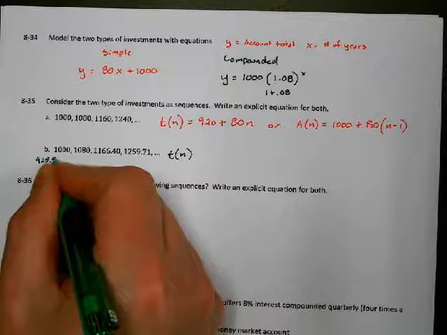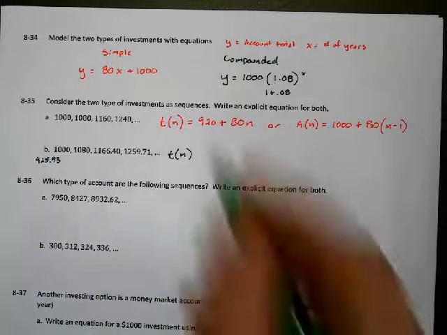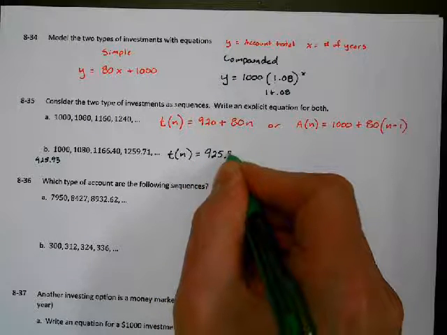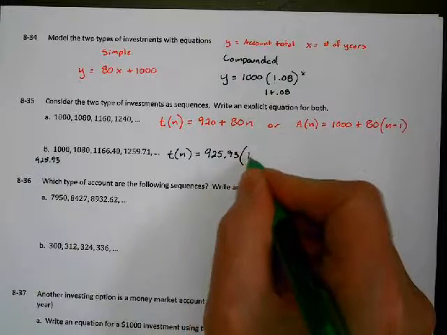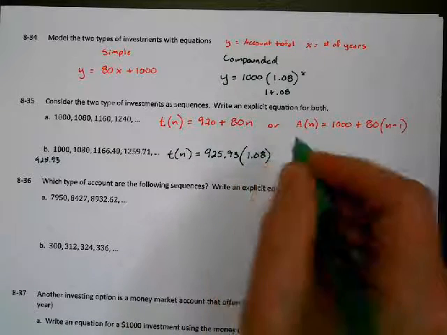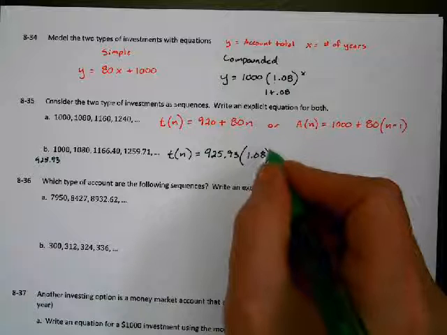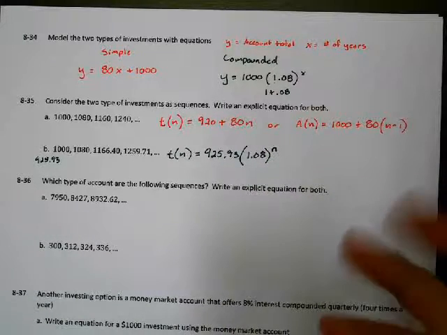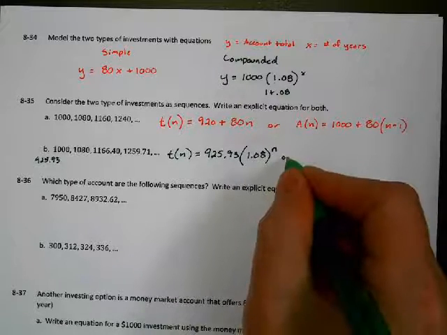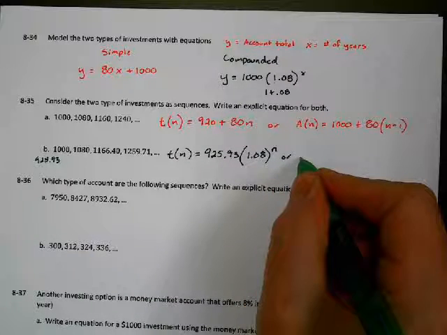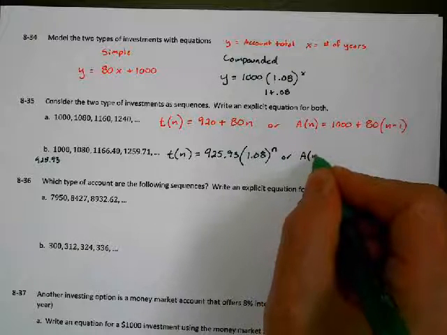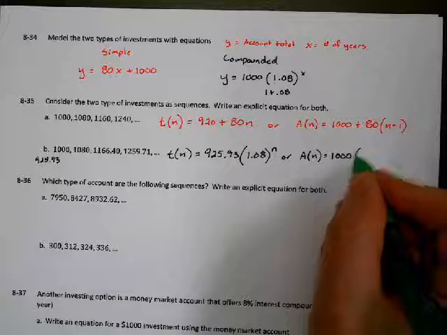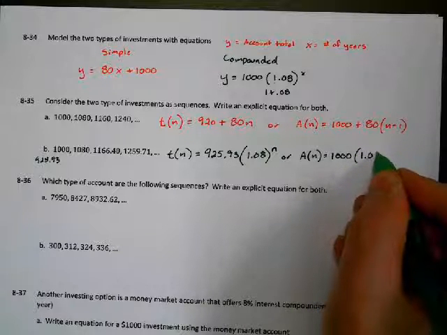So this would be 925.93 and then 1.08 to the nth power. Or we could do A of n is equal to 1,000, the initial value. Then we would do 1.08 to the n minus 1 power.